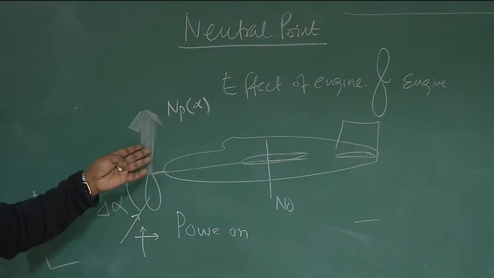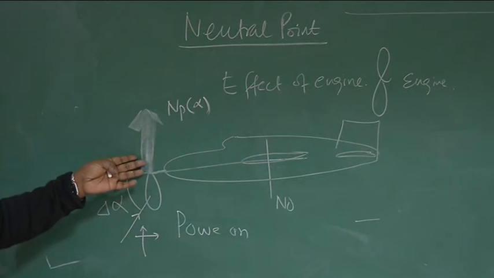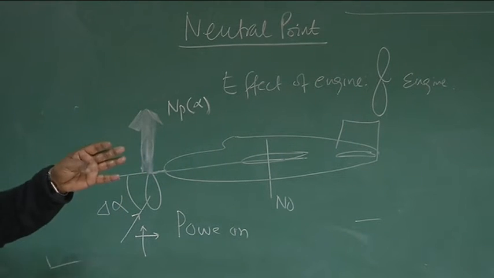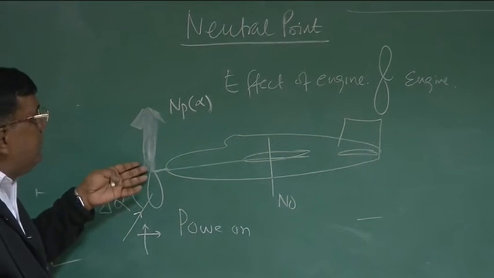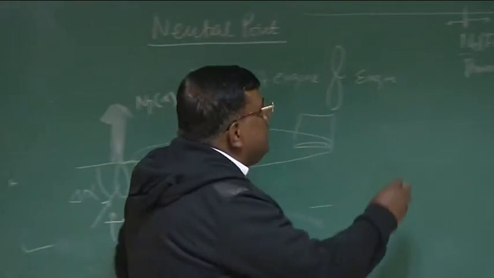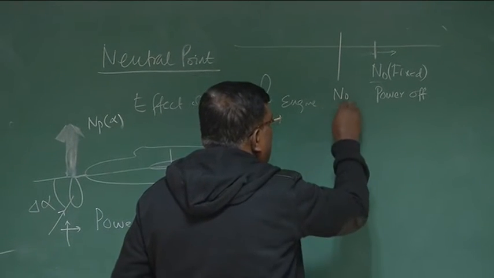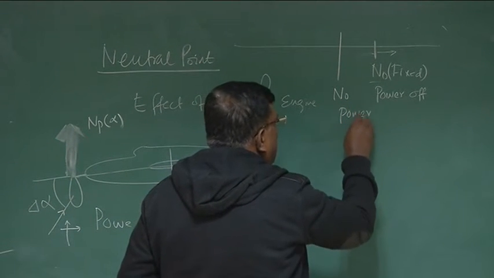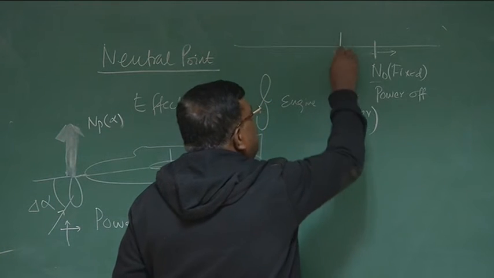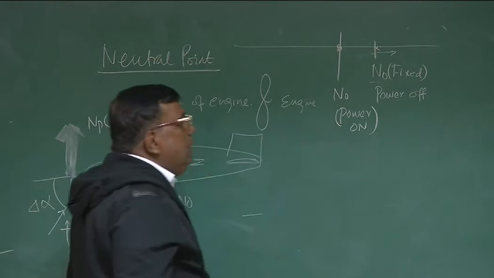Okay? So any component or any force which is ahead of CG will give a destabilizing effect, right? So this configuration will give a destabilizing effect. So the neutral point fixed, with power on, N0 power on, will come forward here instead of power off being here.